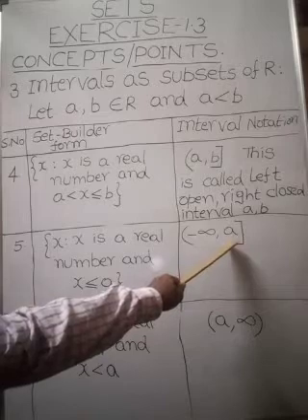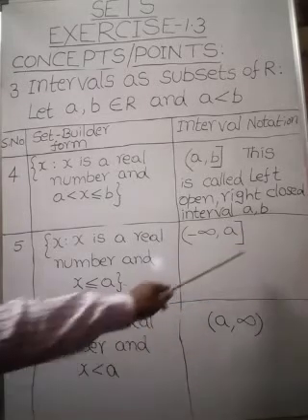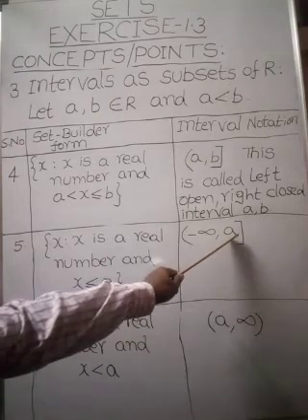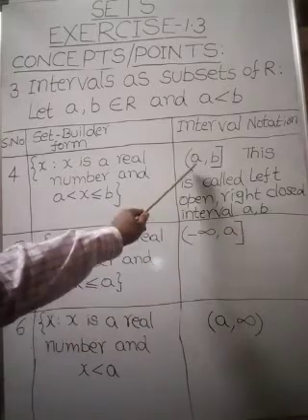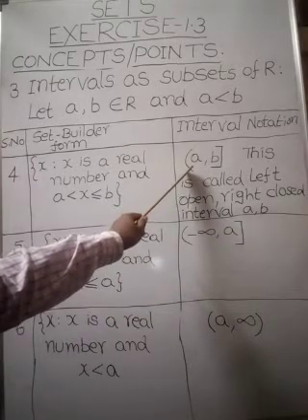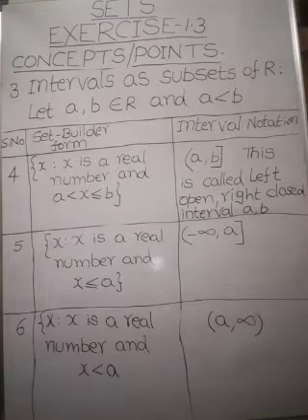In this interval, a is also an element. Understood this point, my dear children? Square bracket means that element is also an element in the interval. Round bracket, open interval, means that element is not an element in that interval.